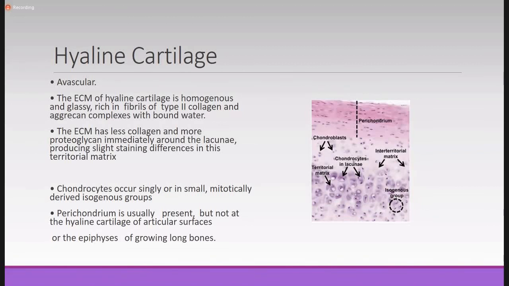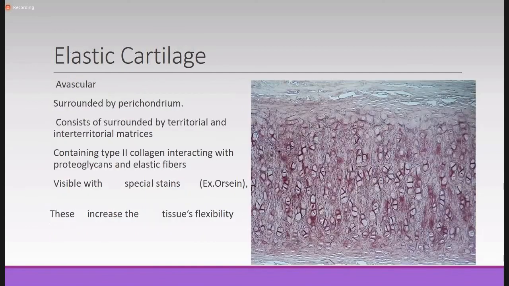The elastic cartilage will again have chondrocytes present singly or in groups, but with a random arrangement of elastic fibers. It's again avascular, surrounded by the perichondrium, and consists of territorial and interterritorial matrices.